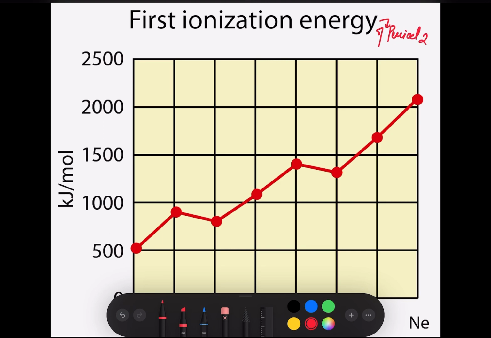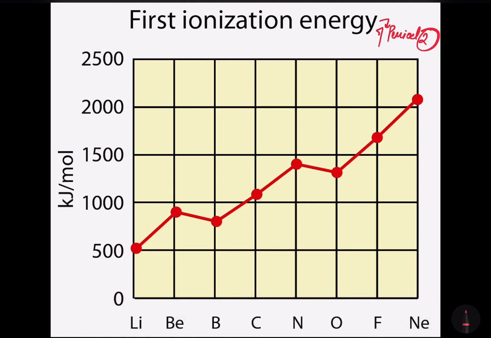Here you can see that the minimum ionization energy is of the group number 1 member, that's lithium, atomic number 3, atomic number 4 for beryllium, then atomic number 5 for boron, atomic number 6 carbon, atomic number 7 nitrogen, atomic number 8 oxygen, atomic number 9 fluorine, and finally the noble gas, atomic number 10 neon.